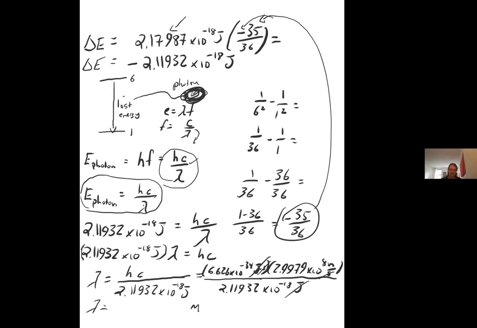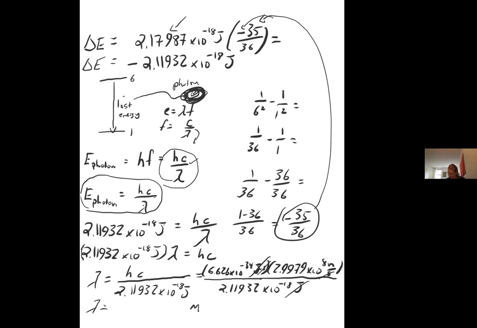Now you just got to make sure you're good with your calculator doing scientific notation. 6.626 times 10 to the minus 34, that's h, times 2.9979 times 10 to the 8, that's c. That's going to give you a really, really small number, 10 to the minus 25. But now we're going to divide it by this energy, 2.11932 times 10 to the minus 18.